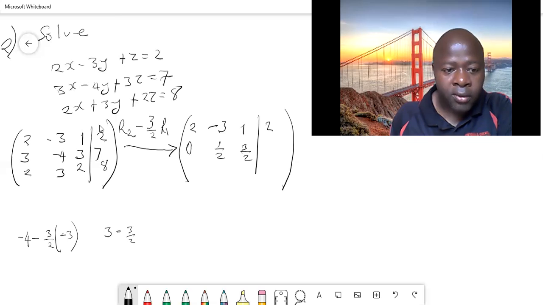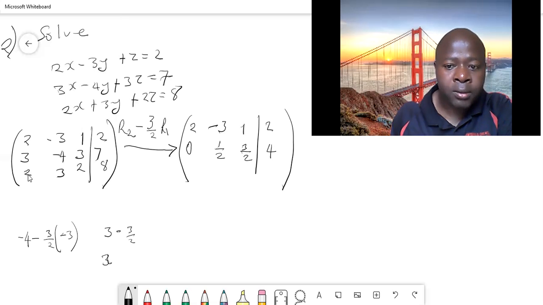Doing the same for this, this one multiplied by 3 over 2 gives 3, and subtracting that from 7 gives a 4 in this position. So we achieved what we wanted in the second row.